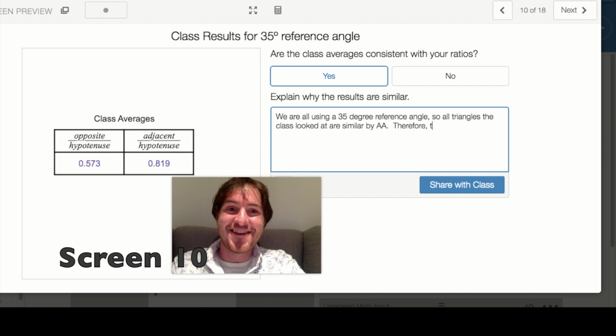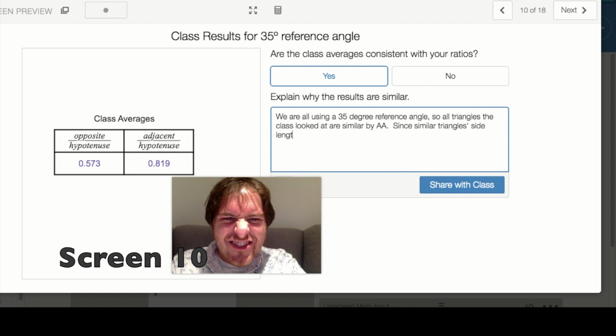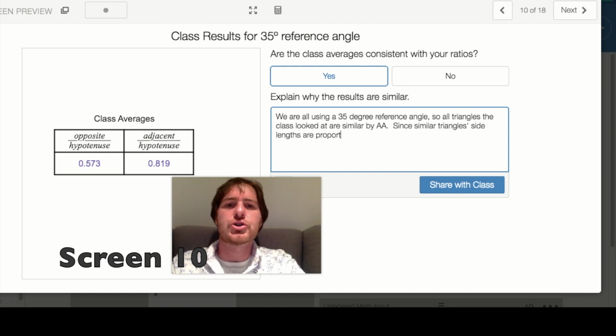Therefore, I'll say before therefore, since similar triangles' side lengths are proportional by definition of similarity, right? That got us to it. That defines how similarity gets set up here.